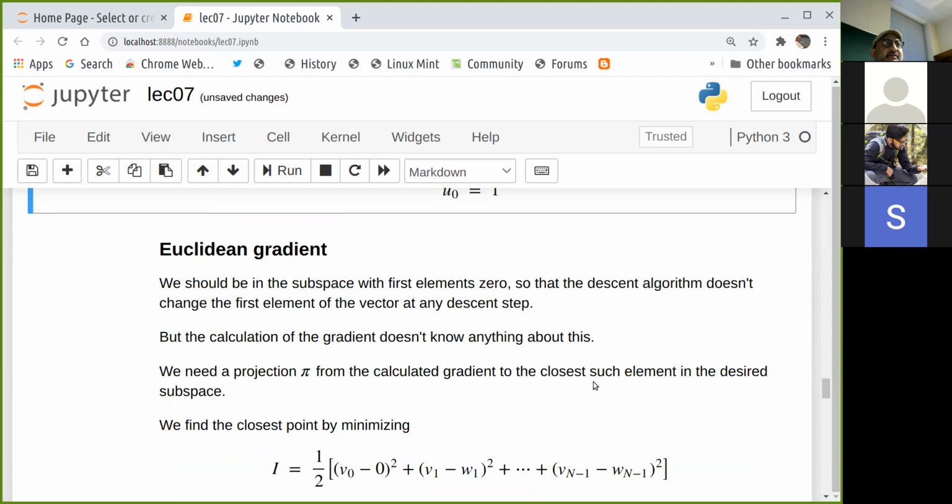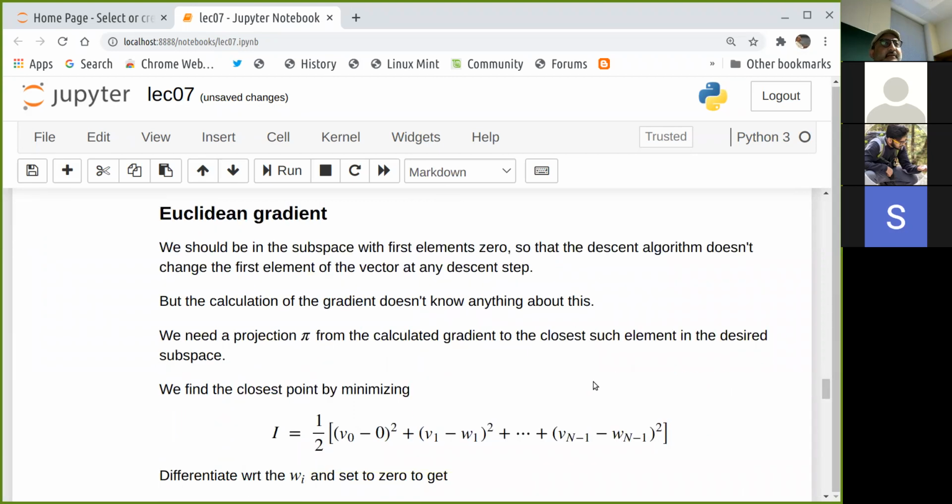One thing is that you're going to start by estimating. If you know that the initial value should be 1, then your initial guess should have initial entry 1. And as the system evolves, as you're reducing the squared error, you should want to stay in that.